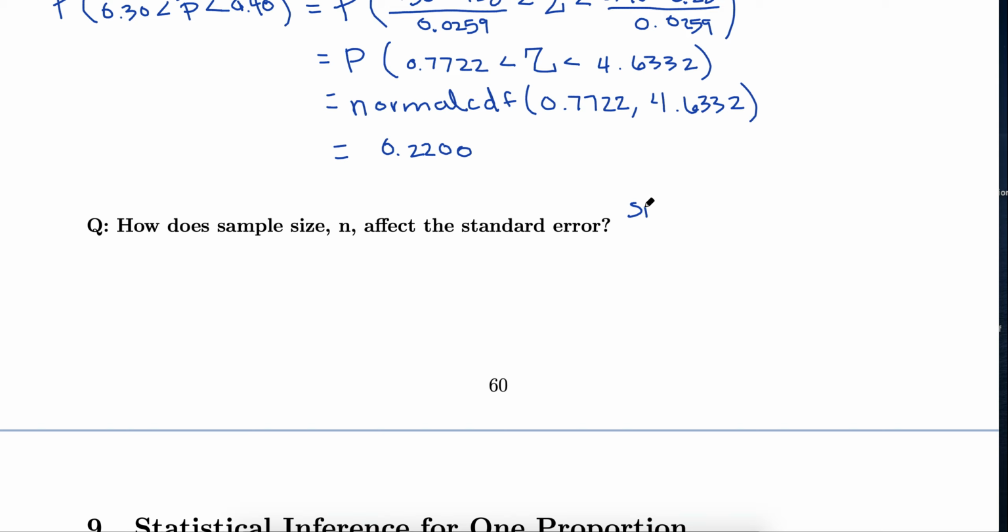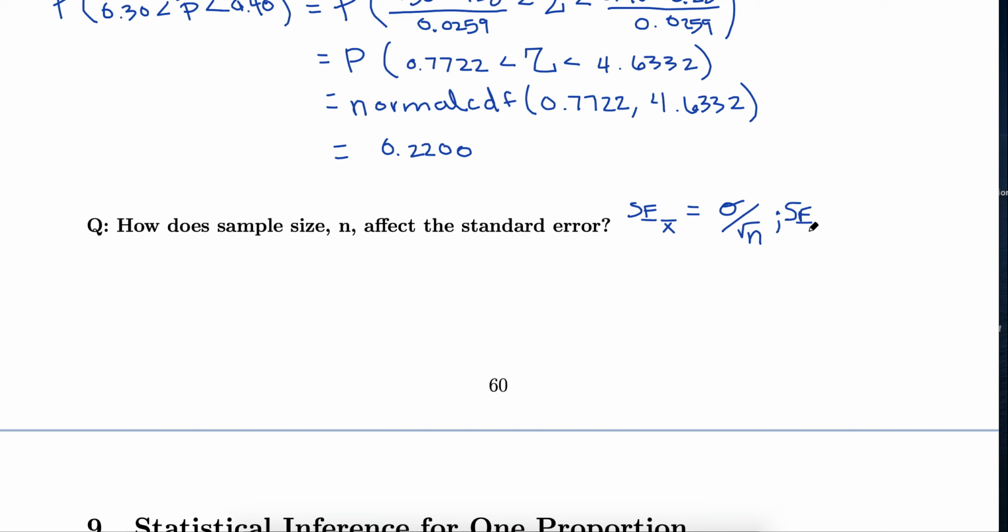And let me remind you, the standard error for the mean, when we're talking about quantitative data, was the standard deviation for the whole population over square root of n. And when we were working with proportions, we had the standard error for proportions, and we've just done a few of those examples, so it should be fresh on your mind.